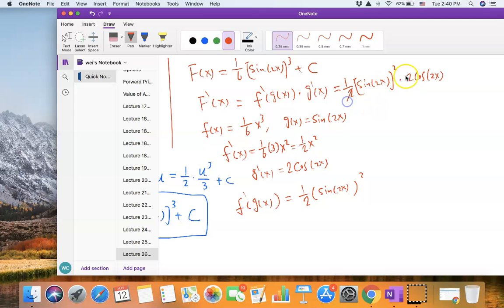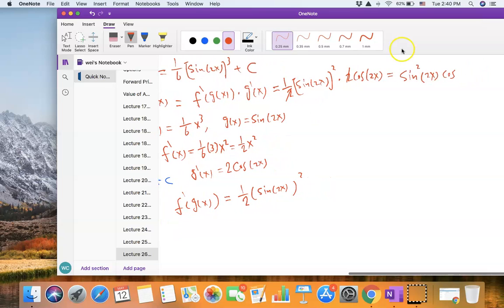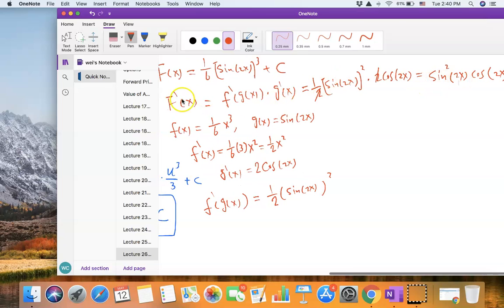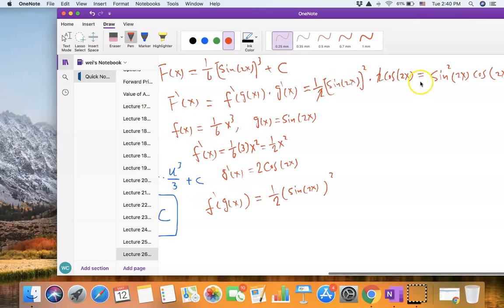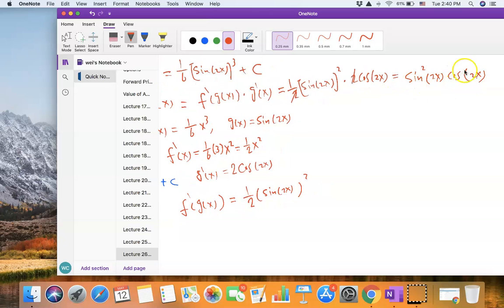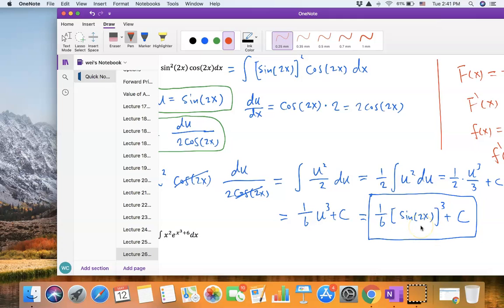Now these 2's are cancelled out. So we have found that the derivative of capital F is sine squared of 2x times cosine of 2x. Therefore, capital F is an antiderivative of this function, and that's why the integral of this function is equal to capital F.